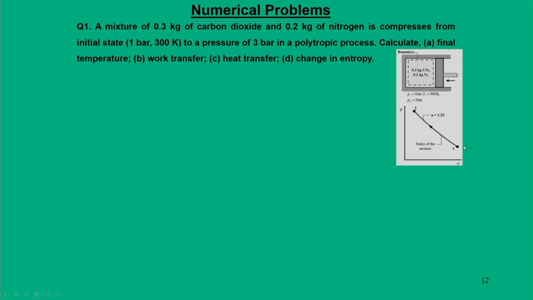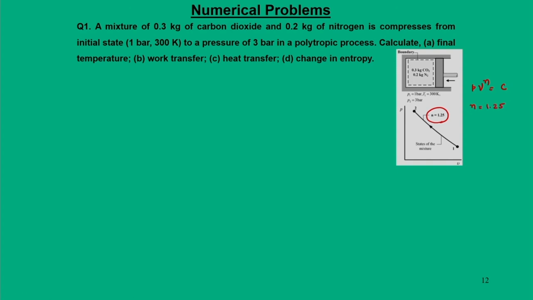This is a compression process, that means we go from initial state to final state through a polytropic process, and the polytropic index is given in this figure as n equal to 1.25. So, this polytropic equation is Pv to the power n equal to constant, where n is 1.25.